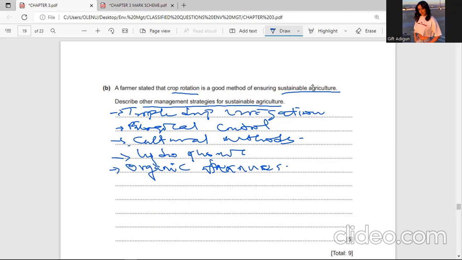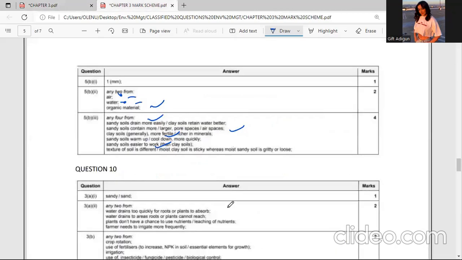So it cannot be washed easily into water bodies and affect them. So if you remember all this, it is 5 marks, and if you develop them, you definitely get your full mark. But let's look at other methods if available. Let's look at other methods outside this one. Let's go to the mark scheme quickly.